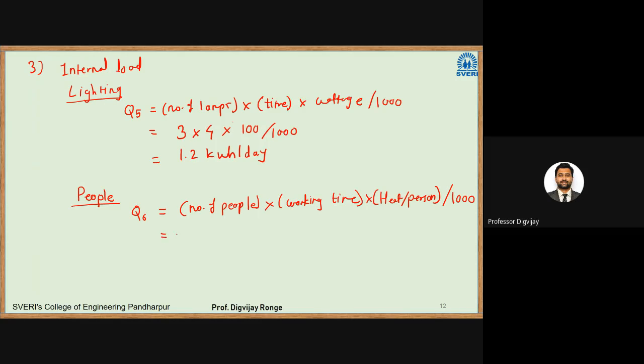In this case, there are two workers. Their working time we are assuming 4 hours per day, and heat release per person. There is a whole table, given when we study in the second section. In that case, I will show you. Different heat is released from a person.